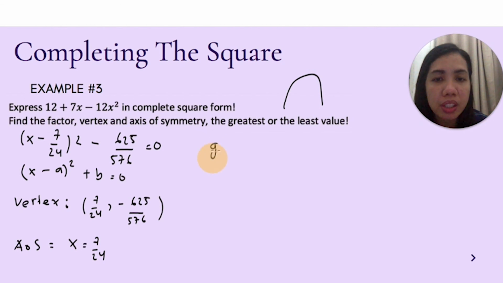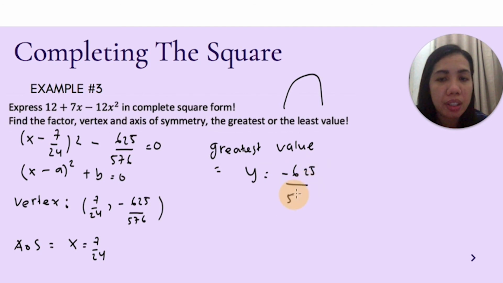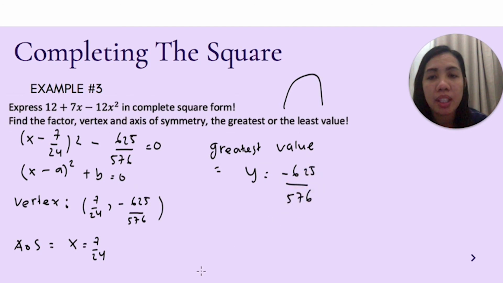The greatest value here, we just take the y value of the vertex, which is y equals -625/576. So this is the vertex, axis of symmetry, and also the greatest value of this quadratic expression.